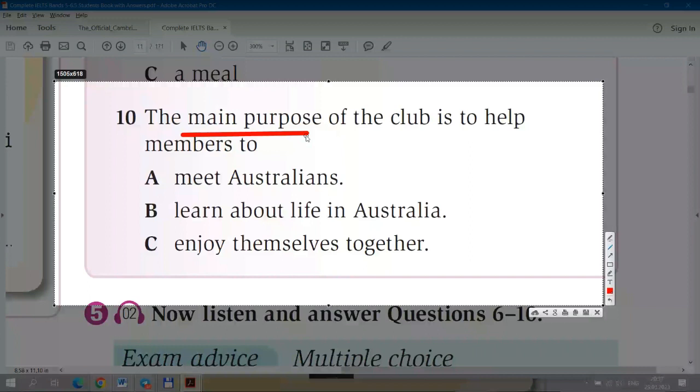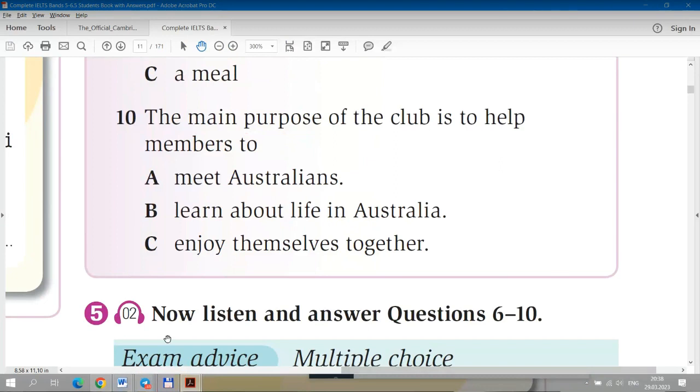B. Avstraliyadagi hayot haqida o'rganishiga yordam berish. C. Enjoy themselves together. Enjoy yourself degani o'zi vaqtini yaxshi o'tkazmoq, vaqtini chog' o'tkazmoq degani. Ya'ni shunchaki yaxshi vaqt o'tkazish, ko'ngil xushlik qilish, ya'ni vaqtini yaxshi o'tkazish degan ma'noda tarjima qilsangiz bo'ladi. Endi eshitamiz va main purpose'ni topishimiz kerak. Eslab qolinglar, main purpose.